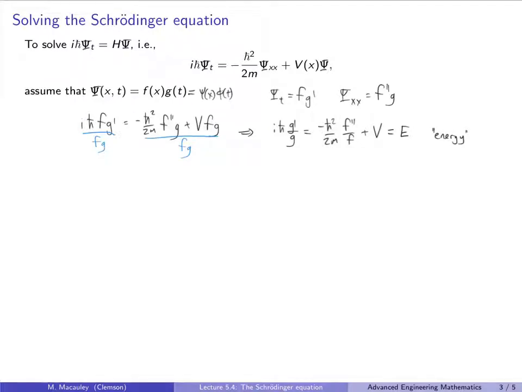Okay, so let's break this into two ODEs. Let's write them down. Let's do the time one first. Let's solve for g prime. If we put everything to the right-hand side, we divide through by i. Remember, 1 over i is negative i.